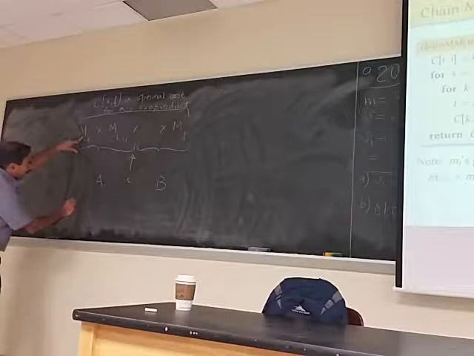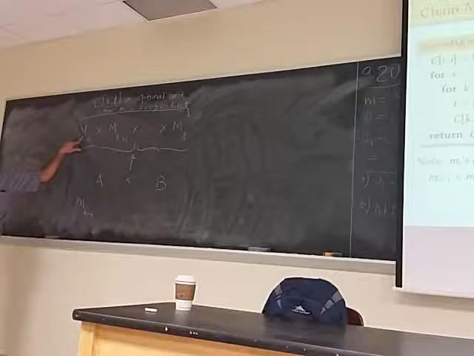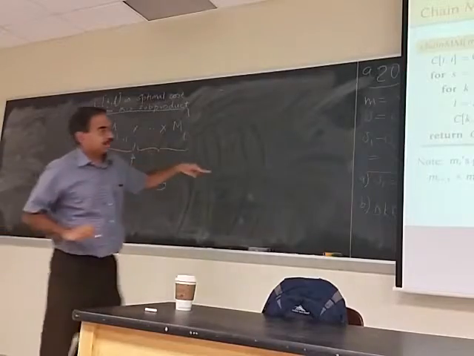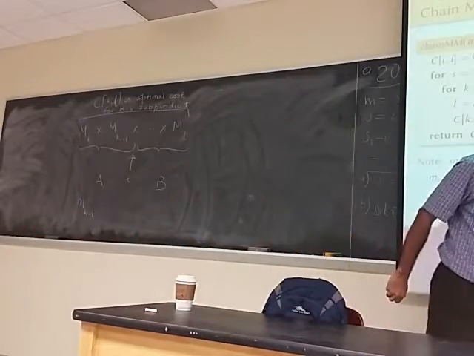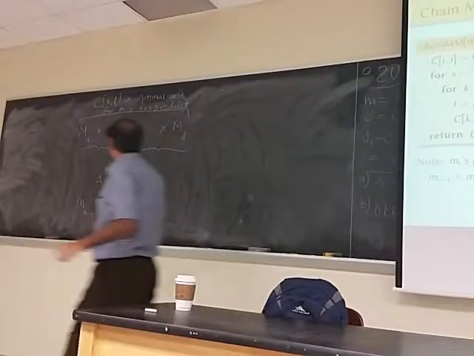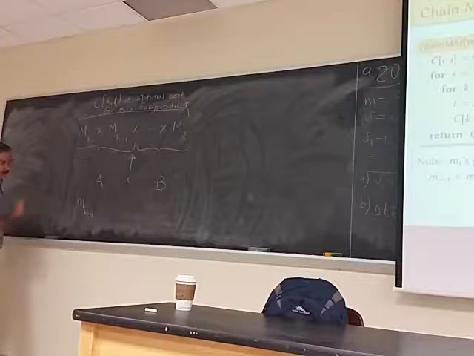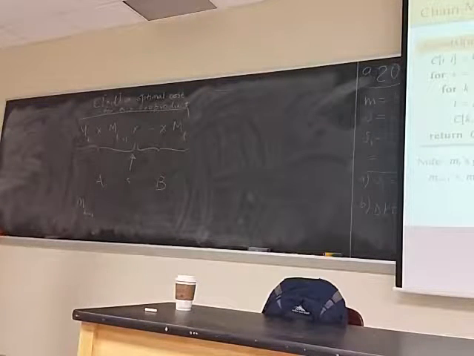The number of rows in mk is m(k-1), right? That is the convention, so mi has m(i-1) rows, which means that this product is going to have number of rows equal to m(k-1).